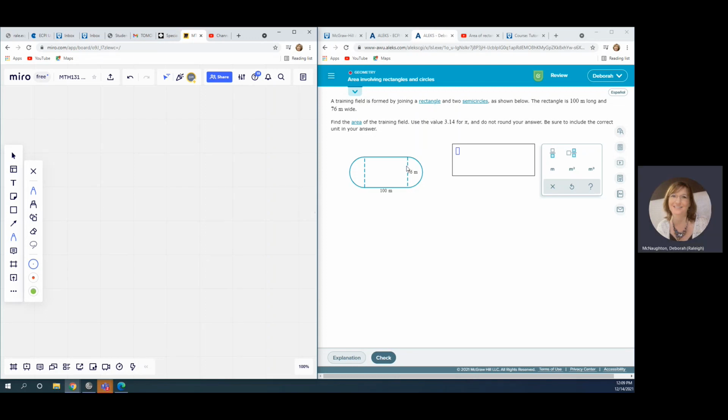The way that we do this is, since here I have a rectangle plus 2 halves of a circle, when I have this shape like this, well, I guess these should be dotted lines, but what I really have is the area of a rectangle plus the area of a circle, right?